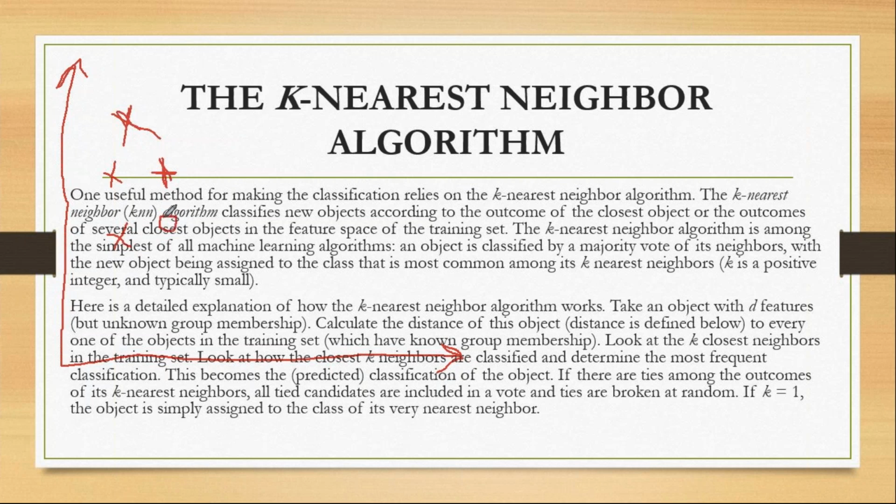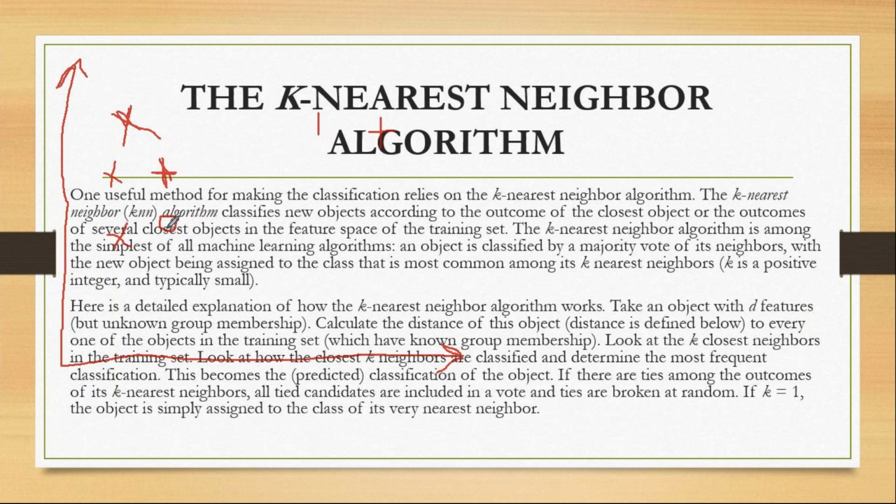Let's say I have a value of k equal to 1. Then this plus sign is the nearest sample to the new one, so it will take its value as plus.